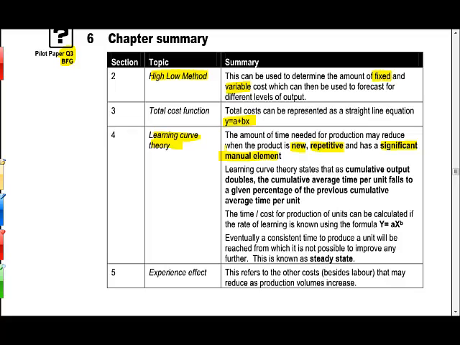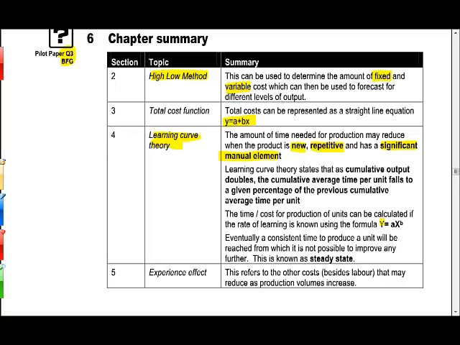We also need, remember, to have consistency in our workforce and no breaks. And the rule is then that as cumulative output doubles, the cumulative average time per unit falls to a given percentage. So the percentage rate of learning then will be how much quicker we were than we were previously.